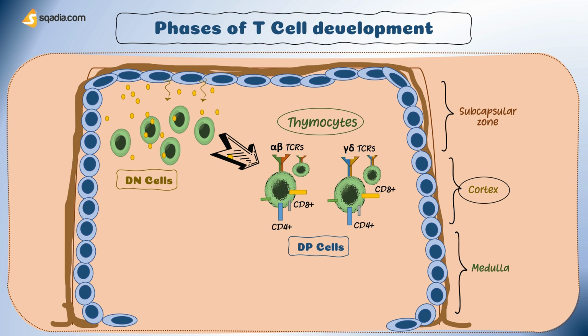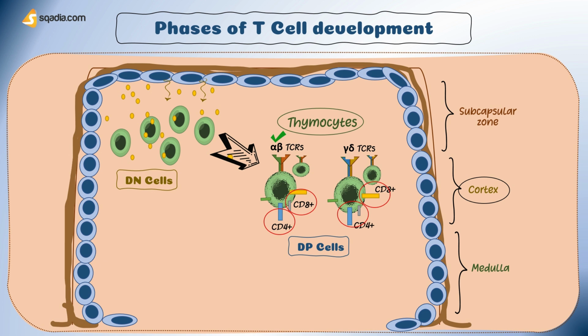And these are double positive, that means, although CD surface markers are now present on their surface, they haven't decided their fate yet. Means, they haven't selected their lineage, if they want to be CD4+ or CD8+ T cells. So, these DP cells express both CD4 and CD8, and such cells are not found outside the thymic cortex.